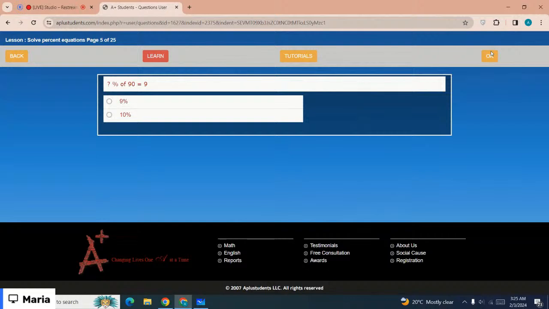Yes, that is 10% of 90 equals 9. 10% it is. Got it?